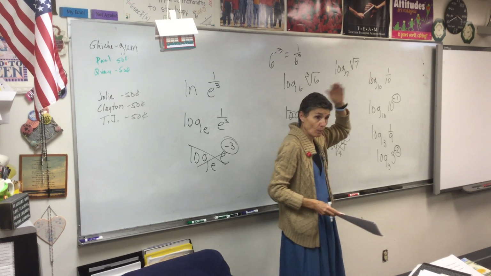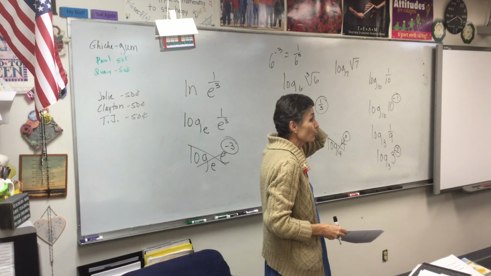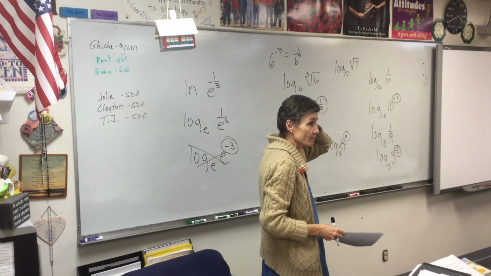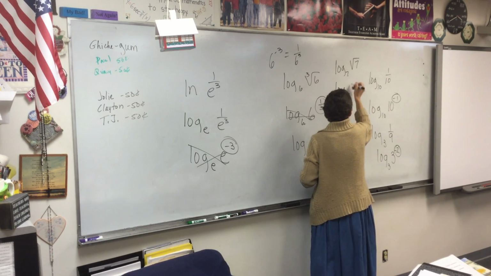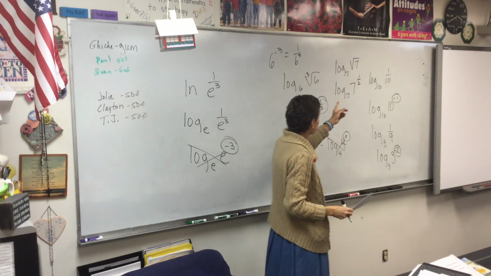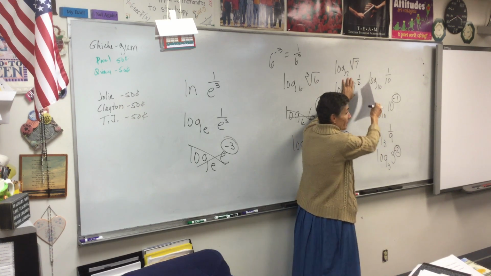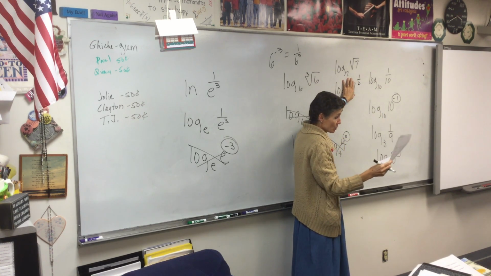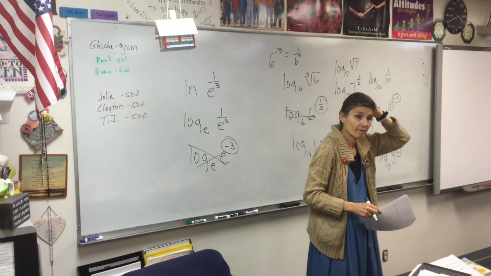There's a radical in the way. What power does a square root stand for? 1/2. So instead of a square root, let's write that as 7 to the 1/2. And now the 7s are back to back, so the answer is just 1/2. So the answer to number 14 is 1/2.